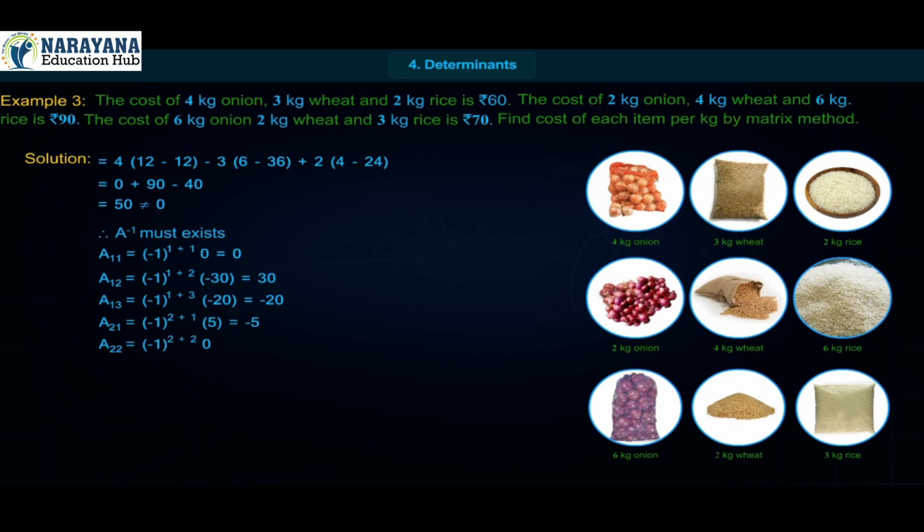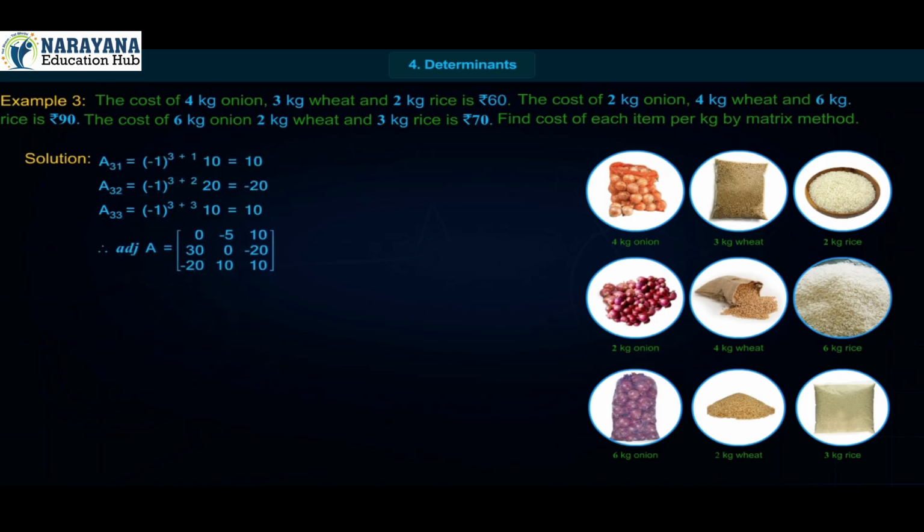A22 is equal to (-1)^(2+2) into 0 is equal to 0. A23 is equal to (-1)^(2+3) into -10 is equal to 10. A31 is equal to (-1)^(3+1) into 10 is equal to 10. A32 is equal to (-1)^(3+2) into 20 is equal to -20. A33 is equal to (-1)^(3+3) into 10 is equal to 10.